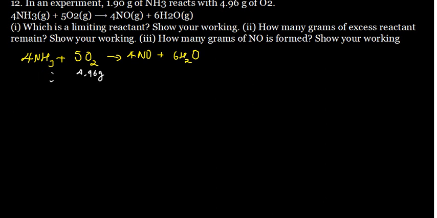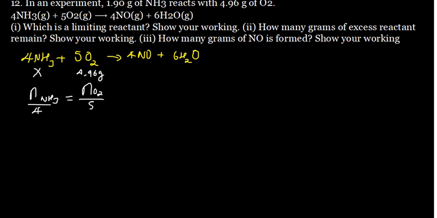We know that the mass given is 1.9, but let's say we don't know the mass of ammonia. I'll put X. So first we are going to say the number of moles of ammonia divided by the coefficient, which is 4, is supposed to be equal to the number of moles of oxygen divided by the coefficient, which is 5.